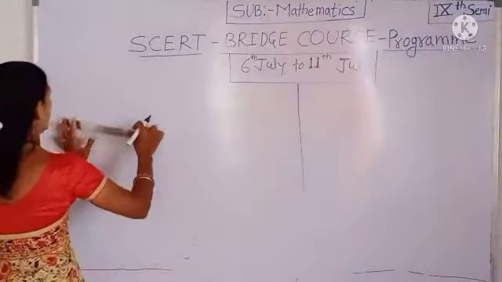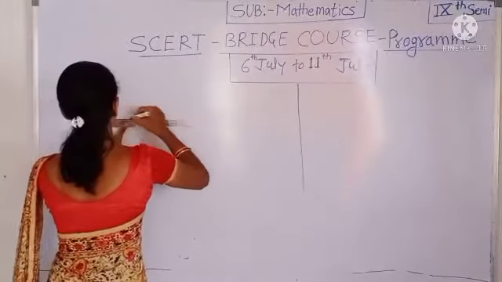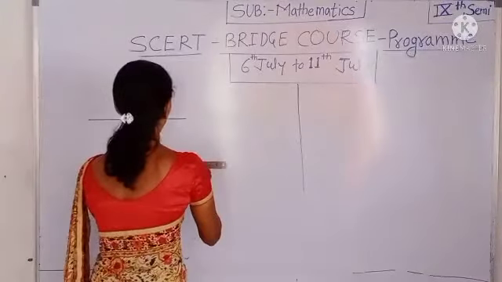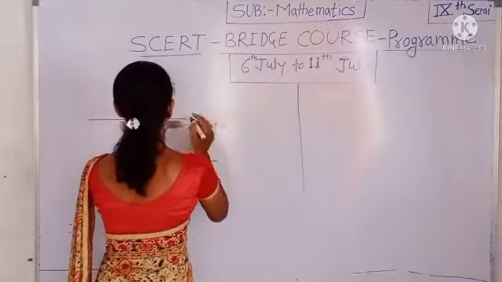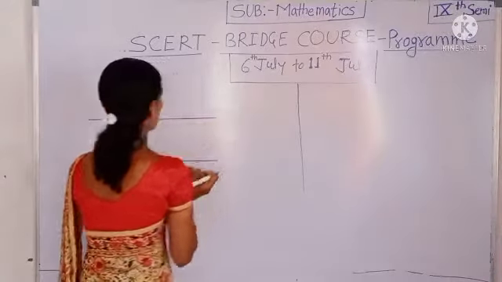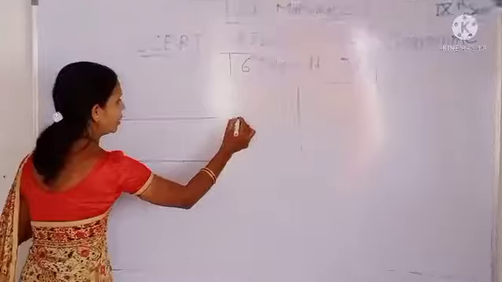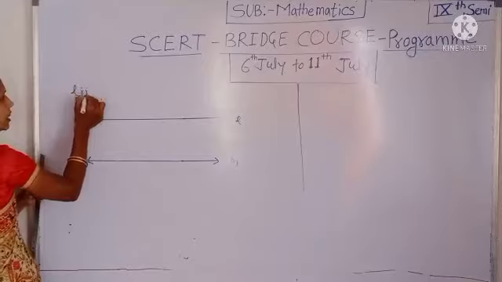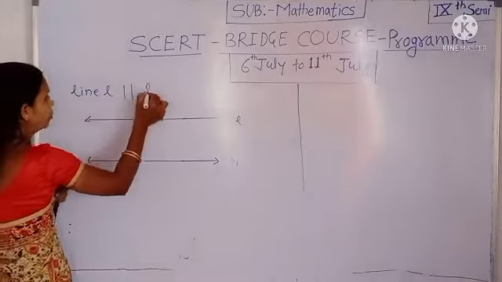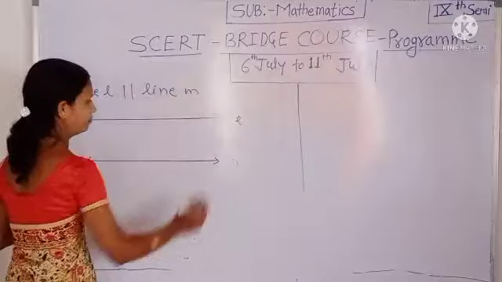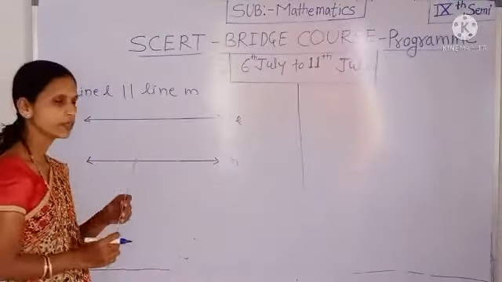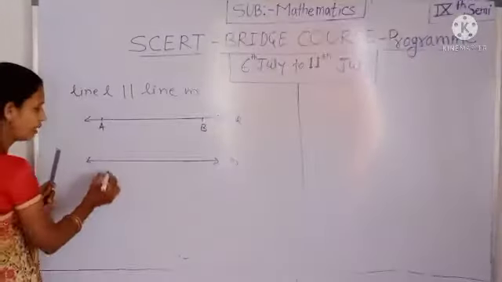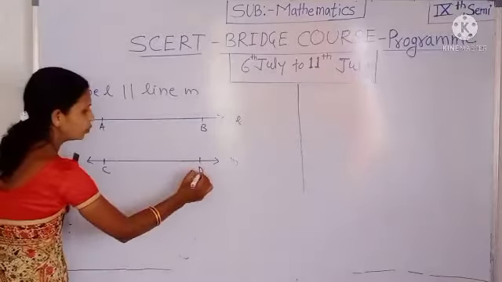If a transversal intersects two parallel lines, here line L is parallel to line M. Line AB and line CD are parallel to each other.